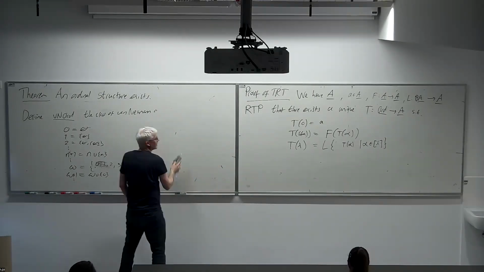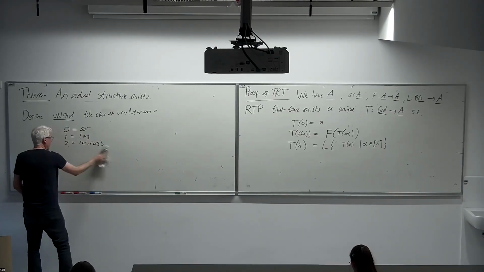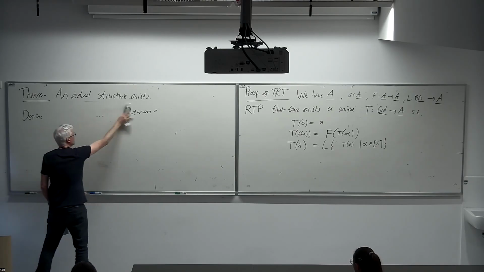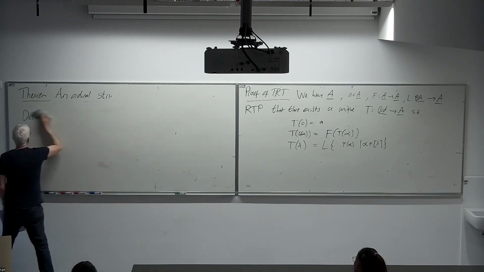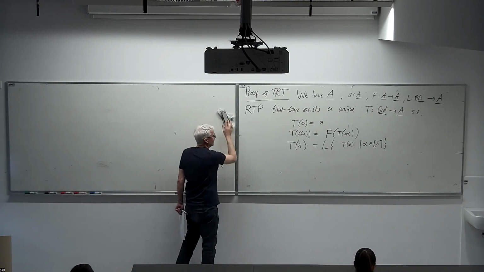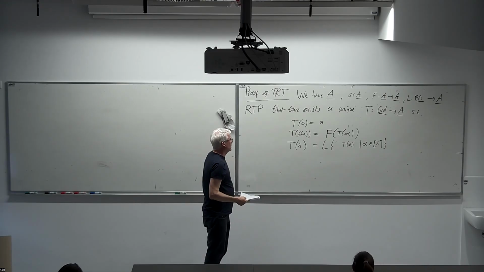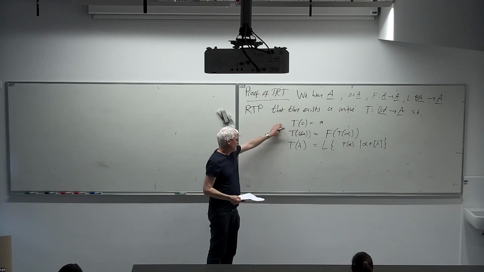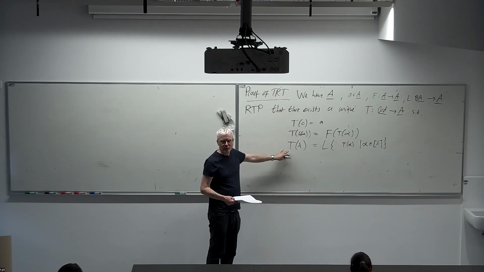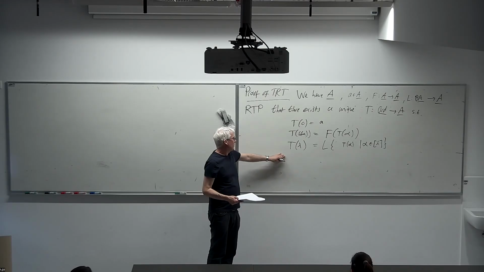So how are we going to find such a T? What I really want to get across is the following approach, which is the same approach that's used to prove the recursion theorem for the natural numbers. And it's a powerful idea, which is we can't simply define such a T at one fell swoop. So what we'll do is define what it means for a function to approximate T from below.